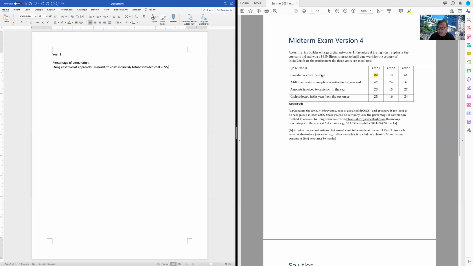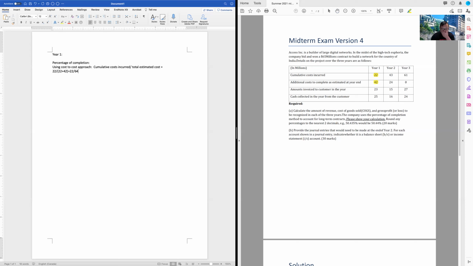What is the estimated total cost? That will be the cost already incurred, 22, plus the additional cost to complete estimated at the end of year 1, which is 42. So this equals 22 divided by 64.